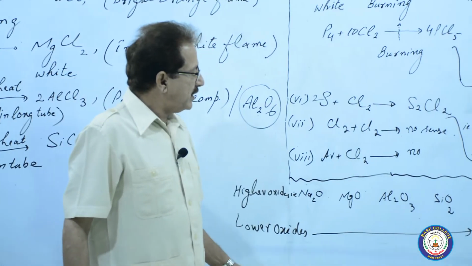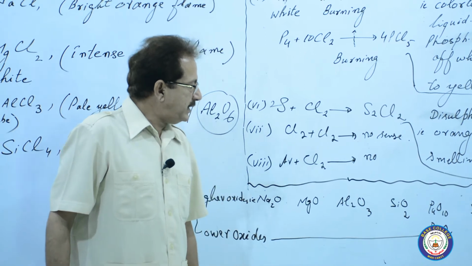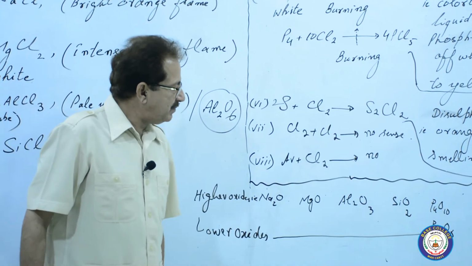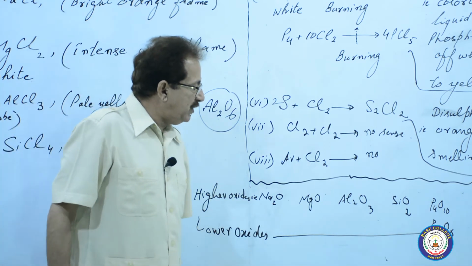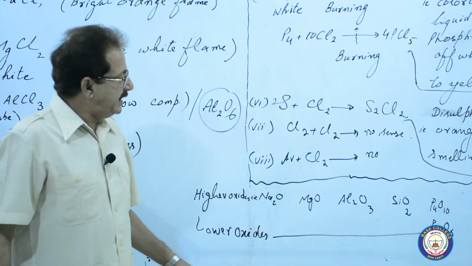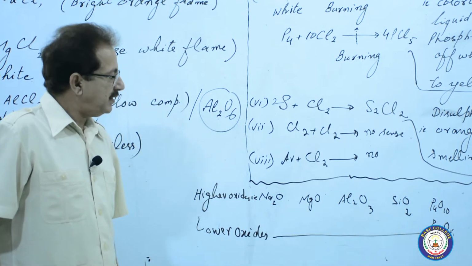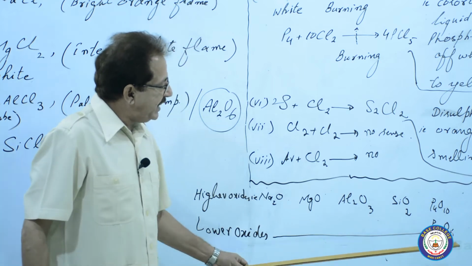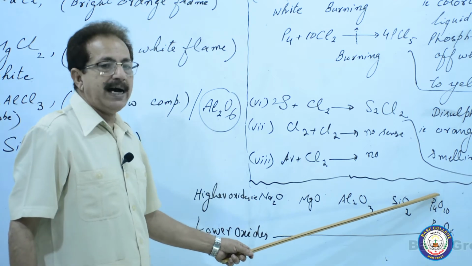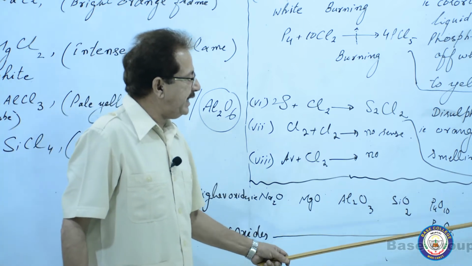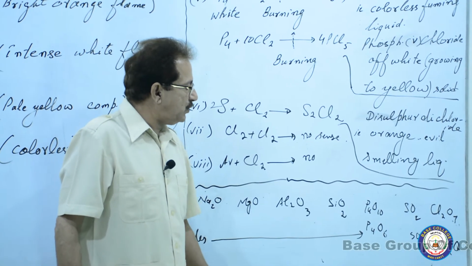For example, in the compound P4O10, the oxidation state of P is higher, while in P4O6 the oxidation state of phosphorus is lower. That's why we say this one is the lower oxide and this one is the higher oxide. The same is the case with SO2 and SO3, Cl2O7 and Cl2O.